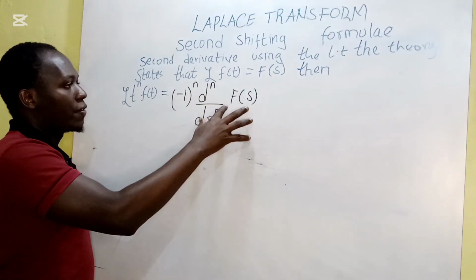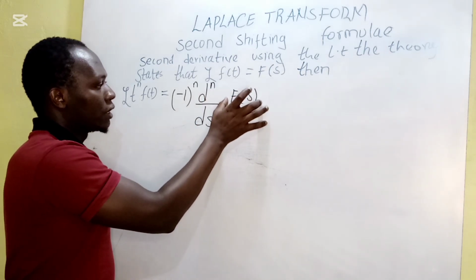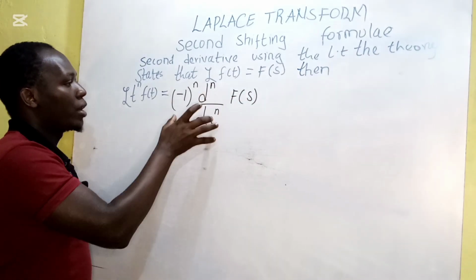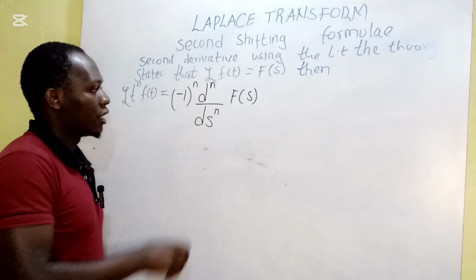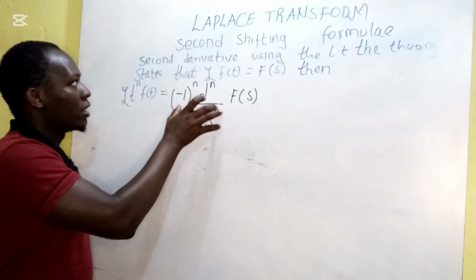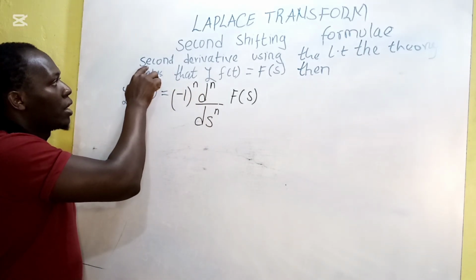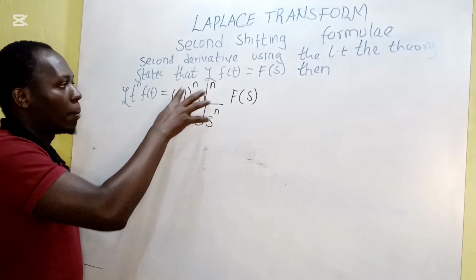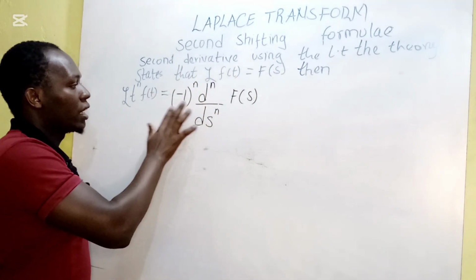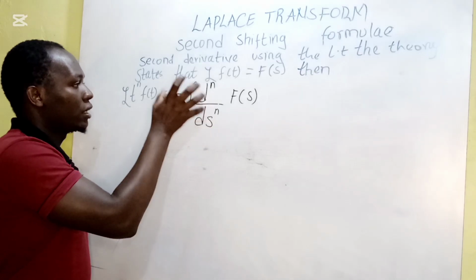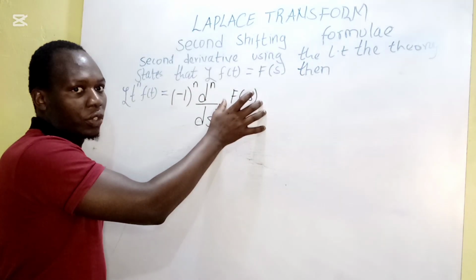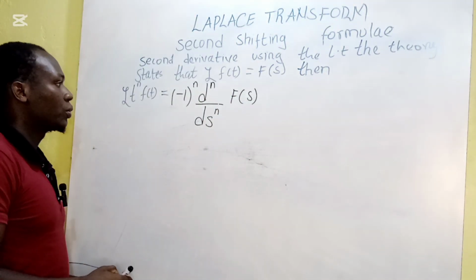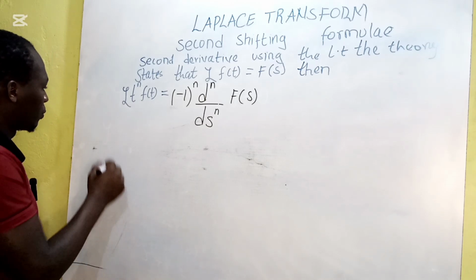After getting the function F of s, we find its derivative. That is the reason why we refer to it as the second derivative using the Laplace transform, because it entails finding the derivative of our function. Let us now get into our first example.